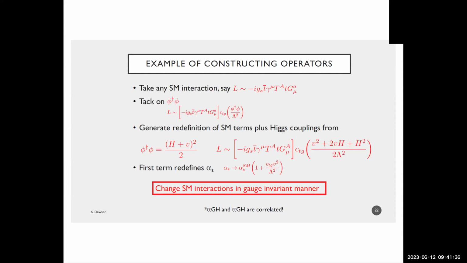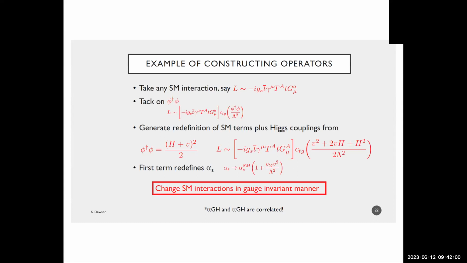So not only do I generate terms with the Higgs, but I also generate terms which are just rescalings of things with v squared. Now what happens is that my top quark interactions, t t bar g, get a contribution from my new standard model effective field theory term, which has a piece v squared, vh, and h squared. The v squared piece is just a constant piece.